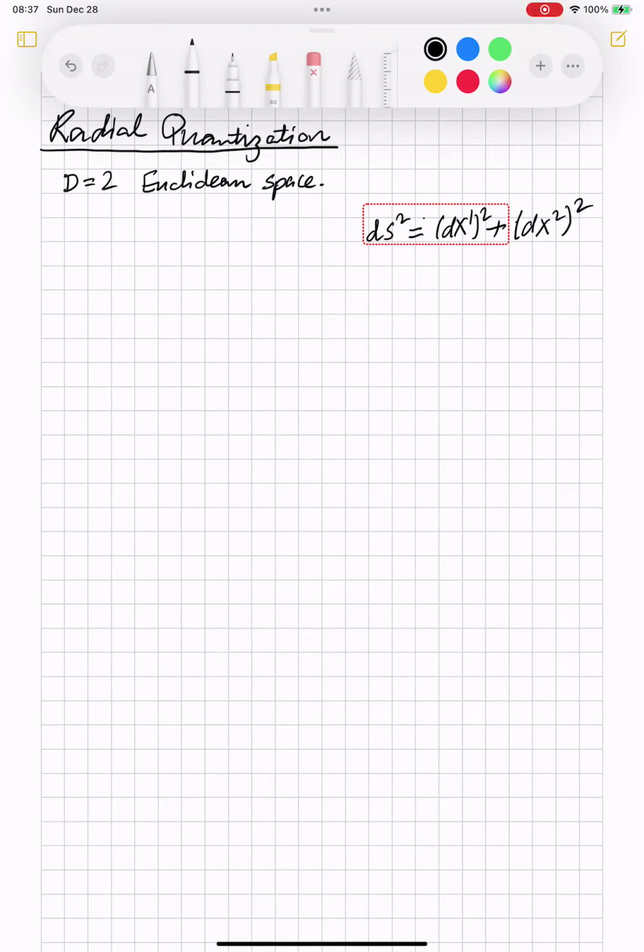Good. And let's just draw a picture of our plane. There we go. Here's x1. There is x2. Good. And the first thing that I'm going to do is just change coordinates, okay?